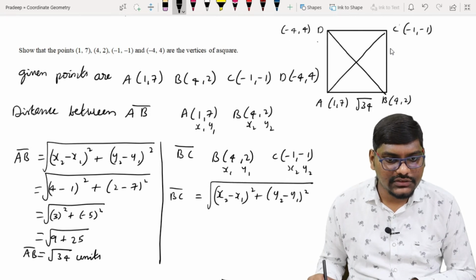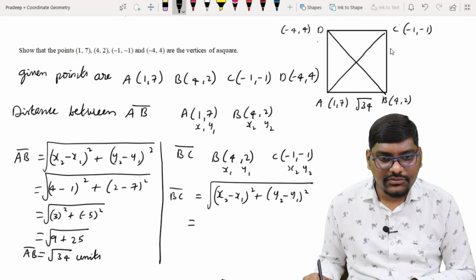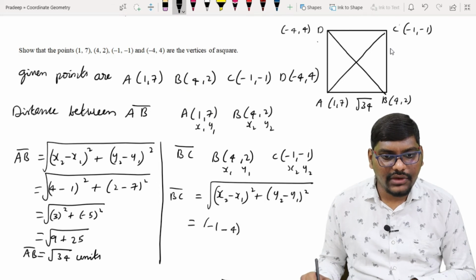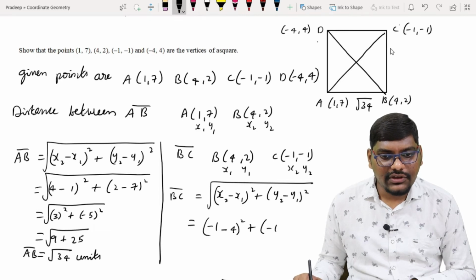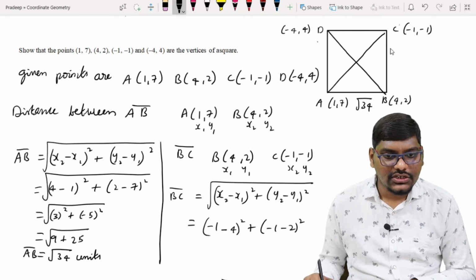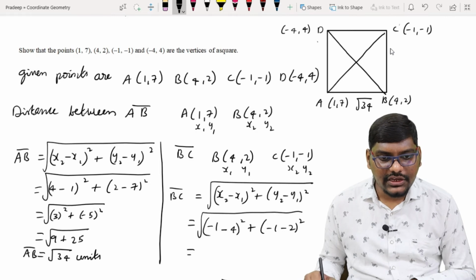Substituting, that is (-1 minus 4) whole square plus (-1 minus 2) whole square under root. So I'll get (-5) whole square plus (-3) whole square under root.